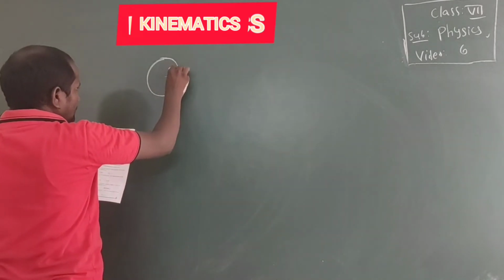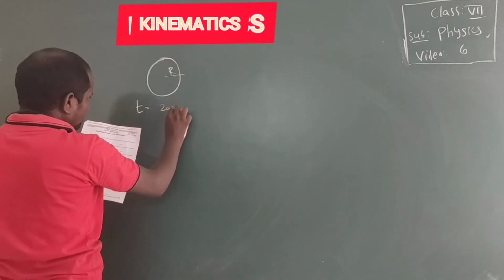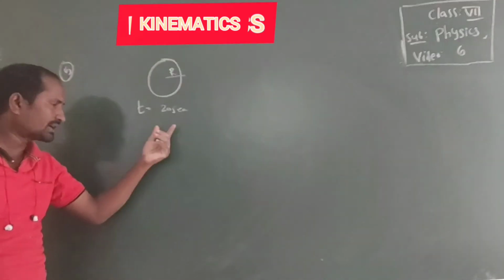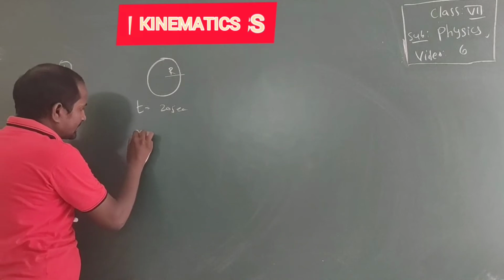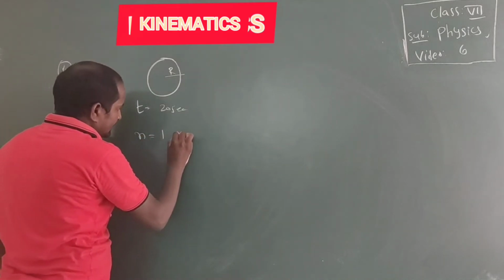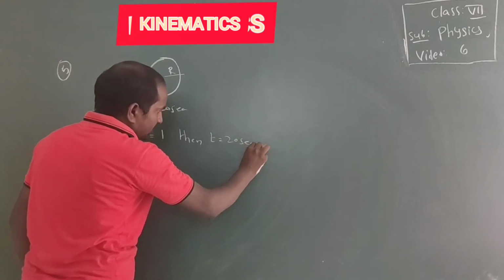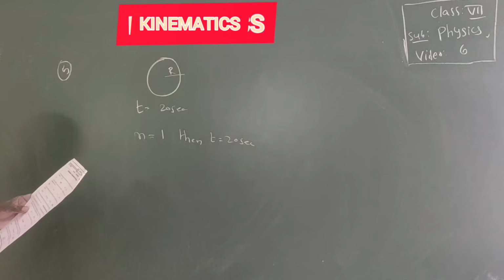Here radius equals r, and t is given as 20 seconds. If the body takes 20 seconds to complete one round, that means n equals 1. If n equals 1, then t equals 20 seconds.